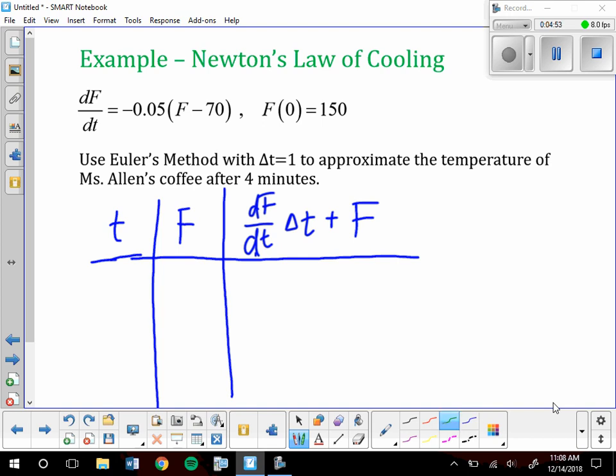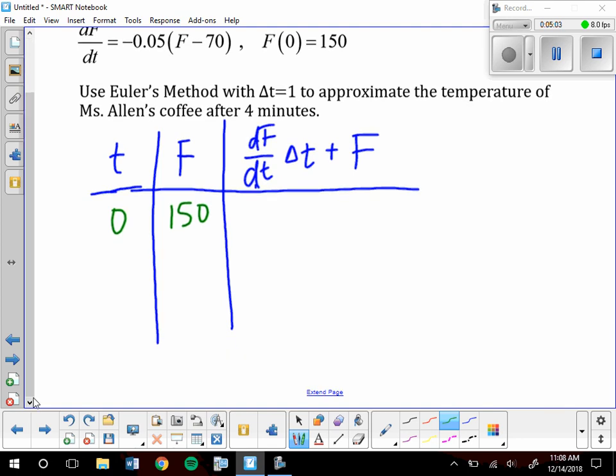So I start with the initial condition (0, 150). And I'm trying to figure out the temperature at 4 minutes using a step size of 1. So I'm going to do a step size of 1 to get to 1, then 2, then 3, and then 4.